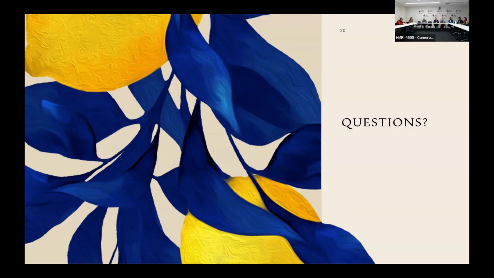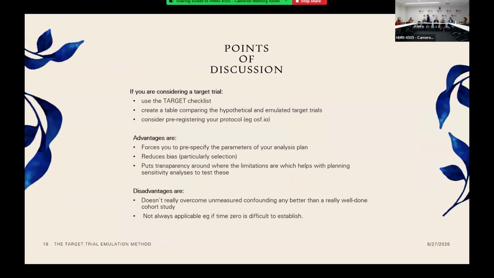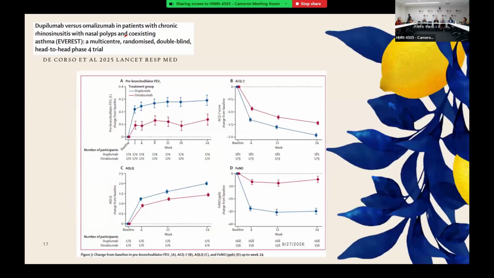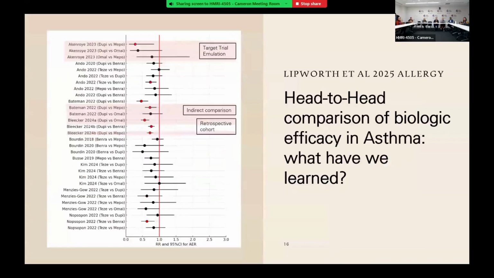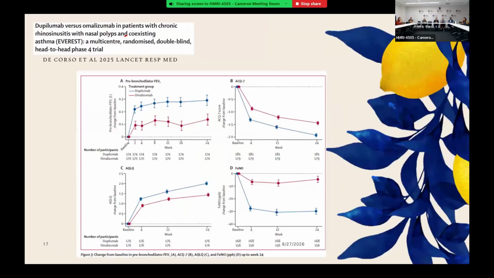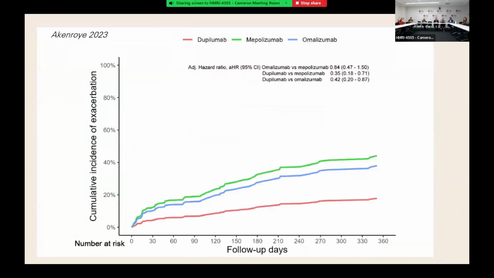I'm just wondering, were there any responses to that particular article that you presented? Do you mean sort of editorials or comments? Do you mean this one, the head-to-head one, or your target trial? The one with the three maps. Oh, this one? I don't know.